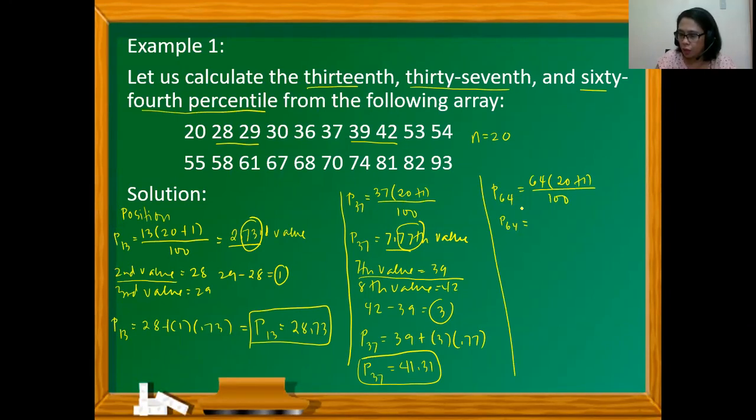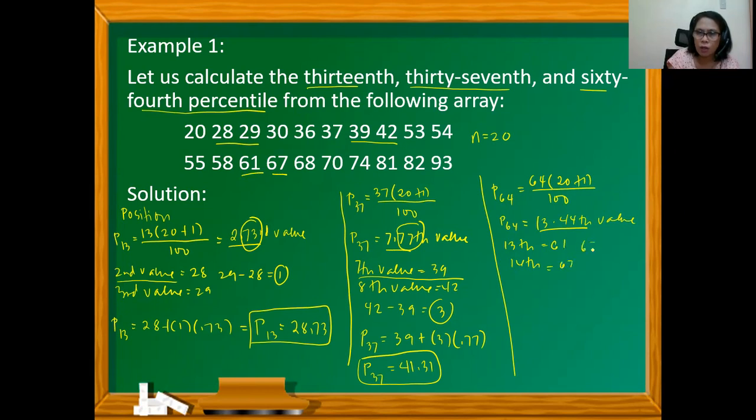So we got 13.44. So this is the 13.44 value. So 13.44 is within the 13th value and the 14th value. The 13th value here is 61, while the 14th is 67.